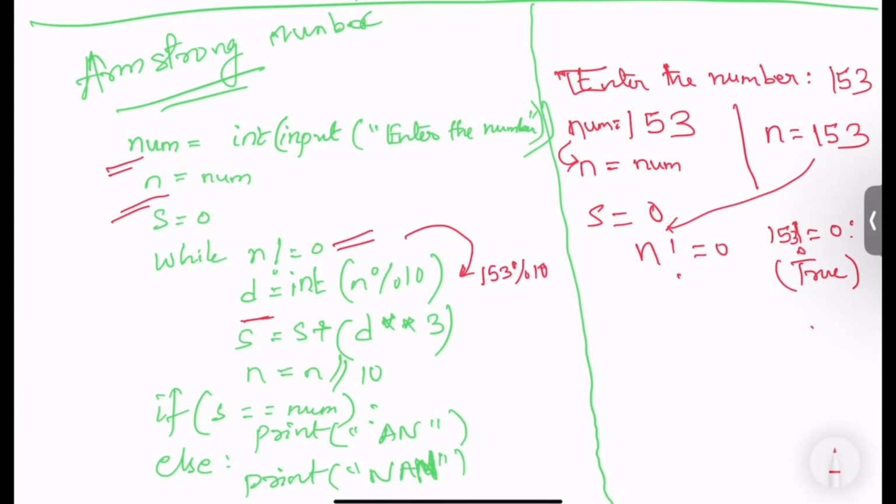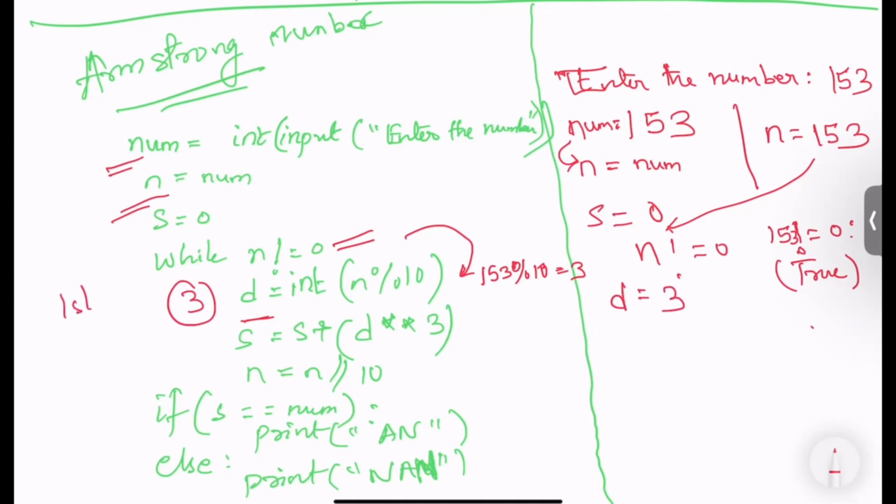If you divide 153 by 10, you get 15 as the quotient and 3 as the remainder. The modulus operator returns the remainder, so d will store 3. Now d is equal to 3.